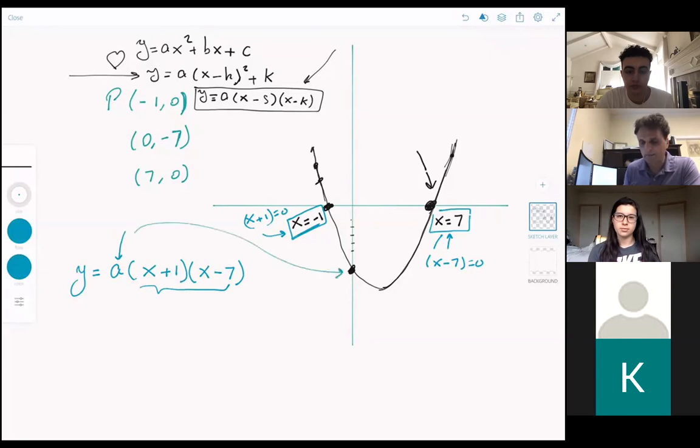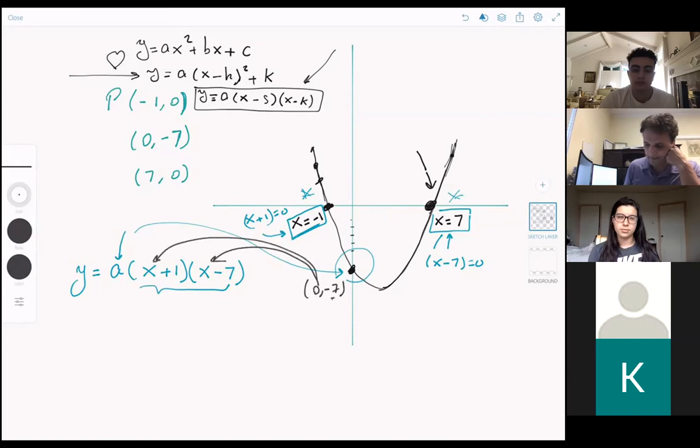This point will help us. The only point that we didn't use is 0, -7. So 0 is for x, and -7 is for y. Then we solve for a.